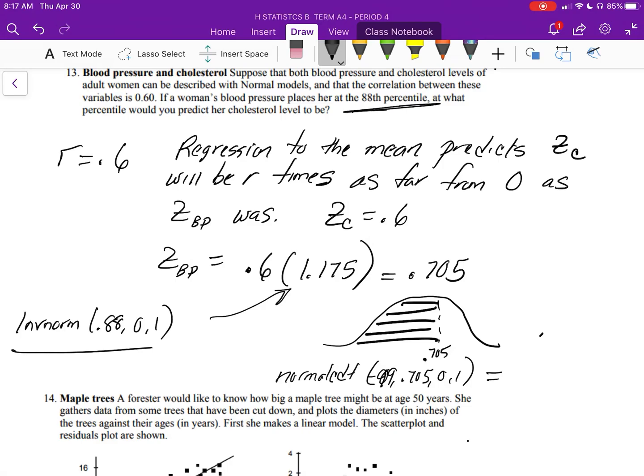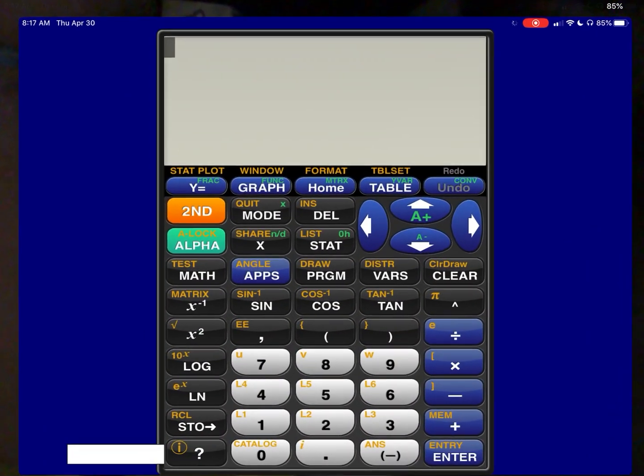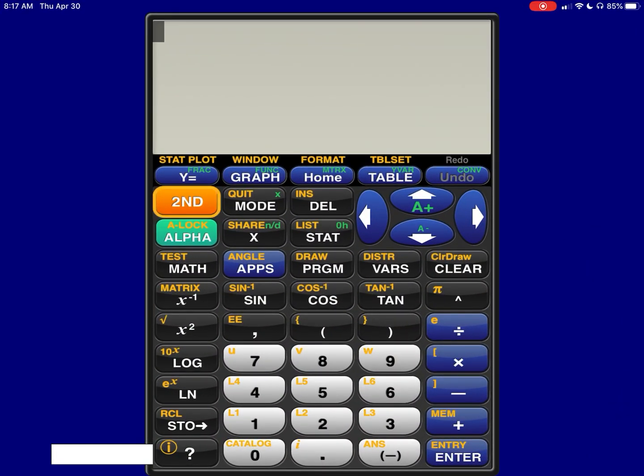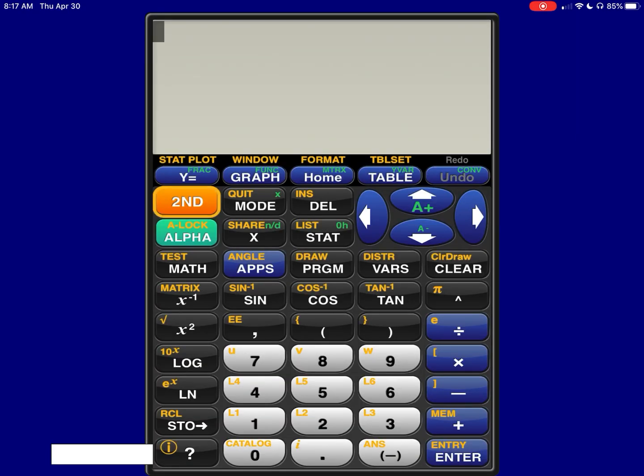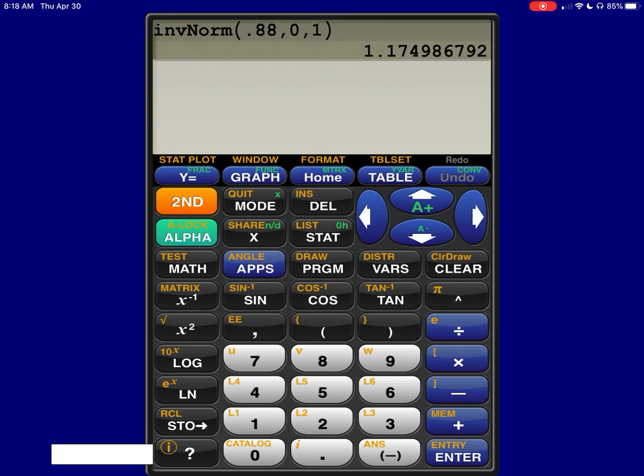So let's do all this. First, I'll show you the inverse normal. Sorry about this, different calculator. Second vars, if I did the inverse normal for the 88th percentile, that's where I got the 1.174.